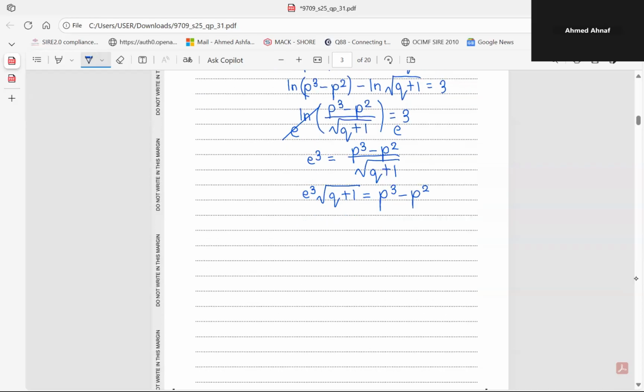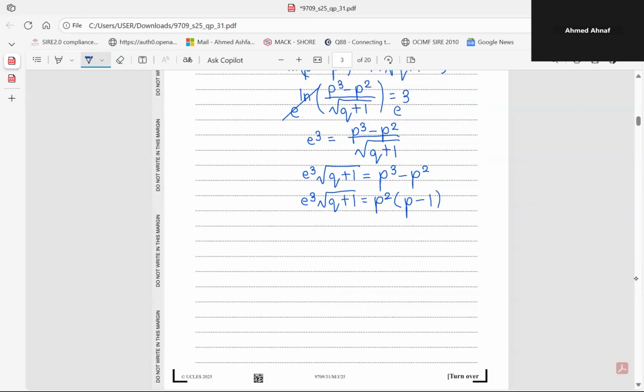To make things simpler, let's factorize the p squared from the right-hand side to get p squared times (p minus 1). To get rid of the square root, let's square both sides. We multiply the exponents, so this would be e to the power of 6 times (q plus 1). The square root is gone. For the right-hand side, we do the same: p to the power of 2 times 2, that's 4, and (p minus 1) squared.